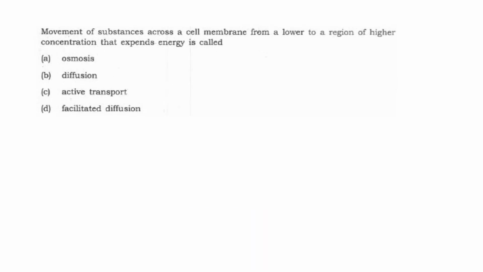Movement of substances across a cell membrane from a lower to a region of higher concentration that expends energy is called. So first of all, the movement of substances can occur by two modes, that is active transport and passive transport.